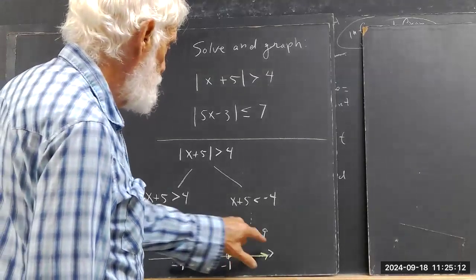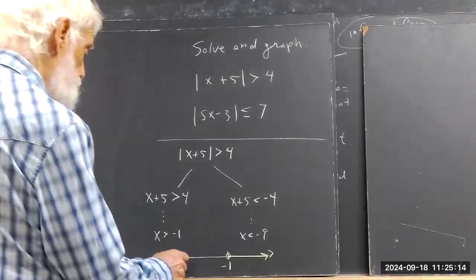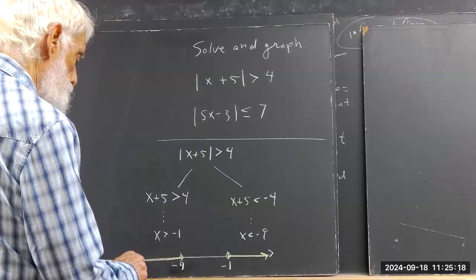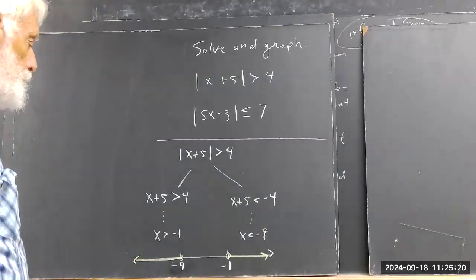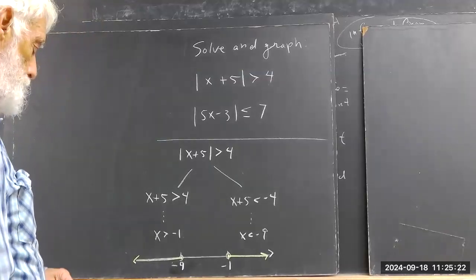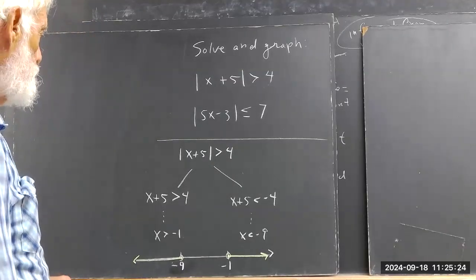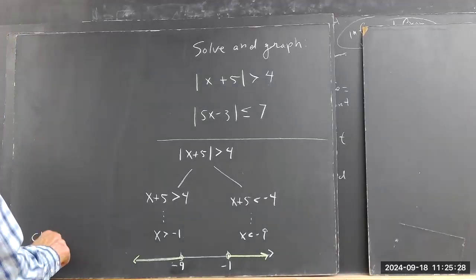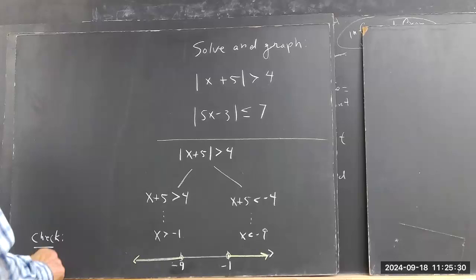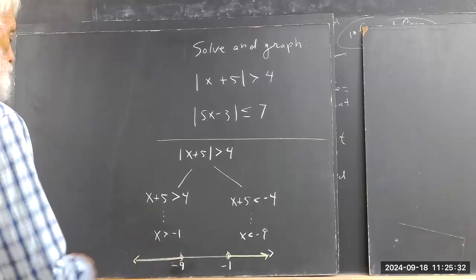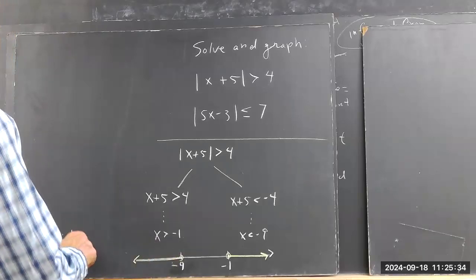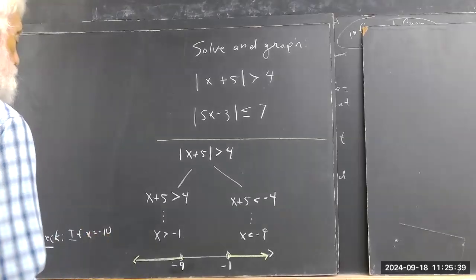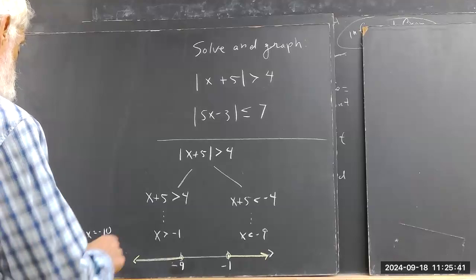Okay, and then over here, x less than -9. It would be here. Then we can check. Pick a number less than -9. -10 would be a good one.